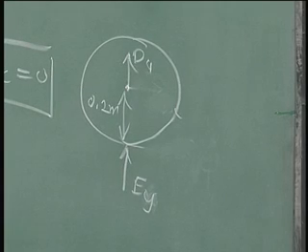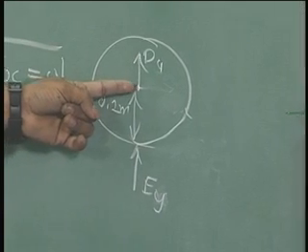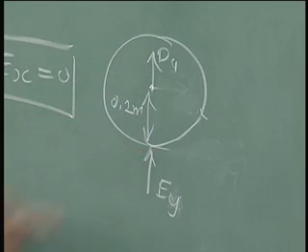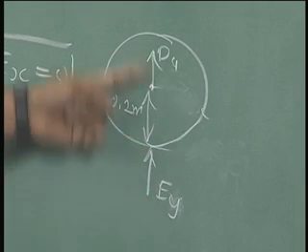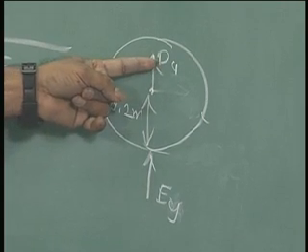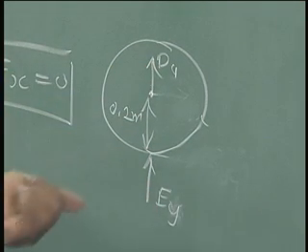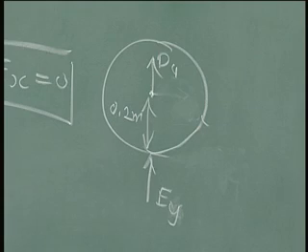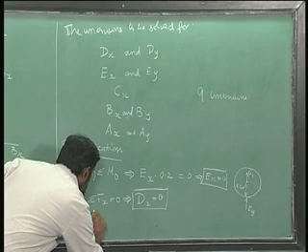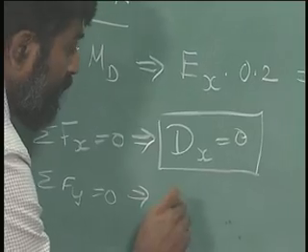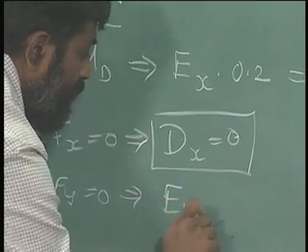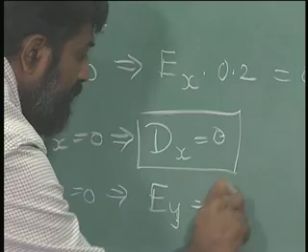Like what we did earlier for a rigid body where there are only two points at which forces are acting, the immediate answer that we get here is dy and Ey are opposite to each other. Okay. So, sigma Fy equals 0 gives me Ey equals minus dy.